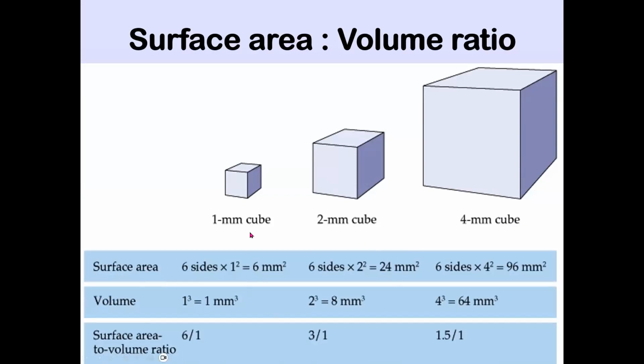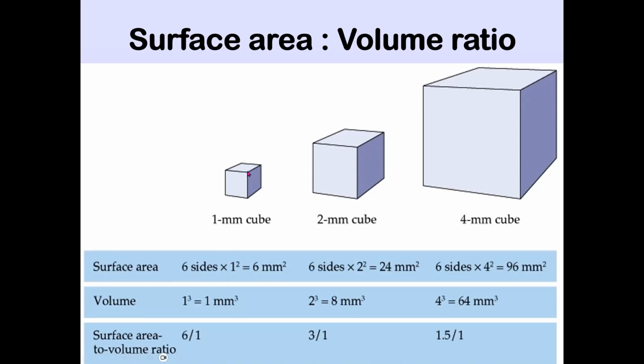Now, surface area to volume, first of all, surface area, if you take a cube, 1 millimeter, so if you multiply 1 by 1, it's 1 square millimeter, and you've got 6 of them, 6 surfaces. So the surface area of that is 6 square millimeters.